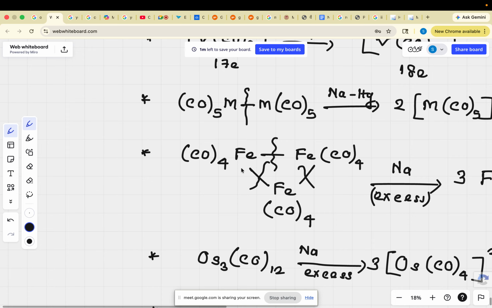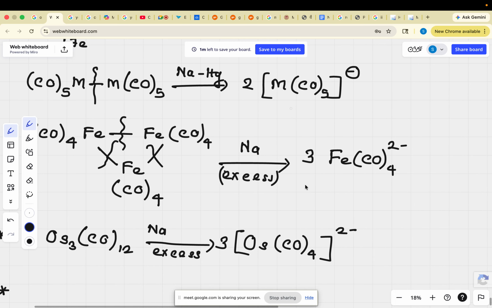Same thing, you just replace osmium in place of iron, you will get 2 minus. This bond is breaking and this bond is breaking, so 2 minus. Each metal center is making 2 bonds, so if you break 2 bonds, you will get 2 minus.